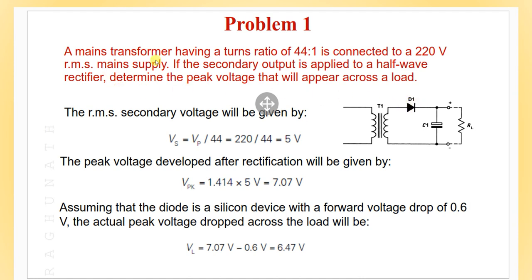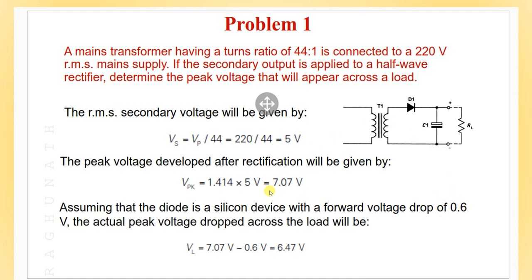But in the problem it is not given what the diode is made of. So here you assume that diodes are ideal only for assumption, but in practice the diode is made of silicon, most of the time. So you can assume the diode as silicon, and the voltage drop across a silicon diode is 0.6.